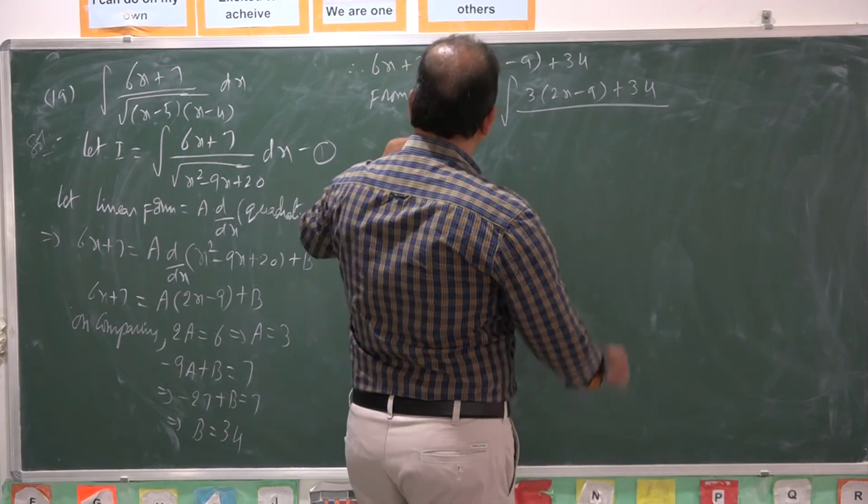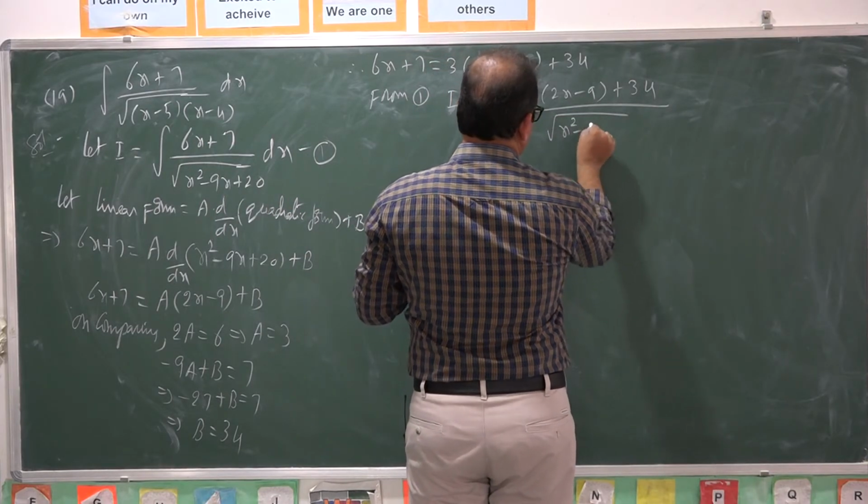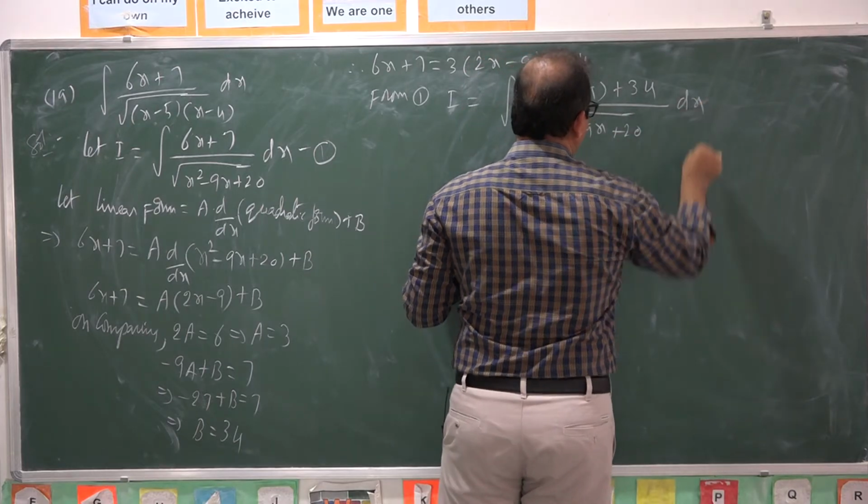Okay, right. By square root of x square minus 9x plus 20 into dx.